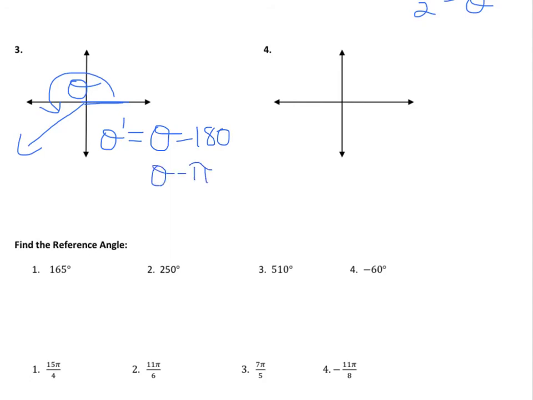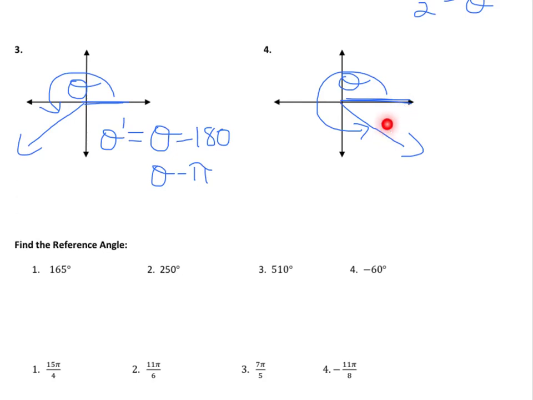Okay, so now you're just kind of setting up the definition. Now if I draw an angle in the fourth quadrant, here's the terminal side in the fourth quadrant. Here's the initial side. If I measure it, I go all the way around to here. This whole angle is theta. Now its reference angle is just this little piece, an acute angle from the terminal side to the x-axis.